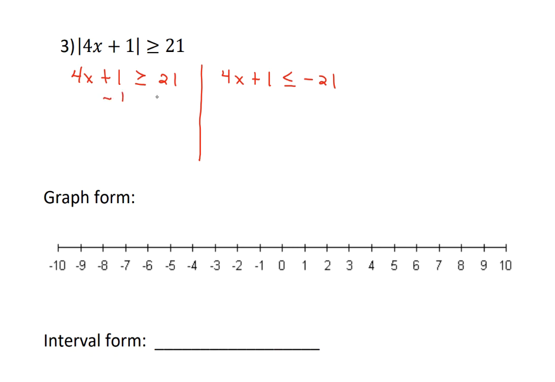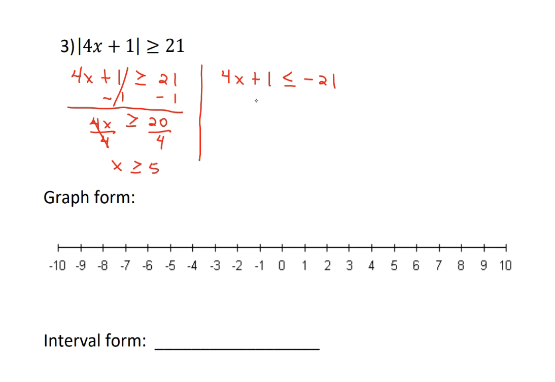I'm going to subtract 1 from both sides, and that gives me 4x is greater than or equal to 20. I divide both sides by 4, and I get x is greater than or equal to 5.